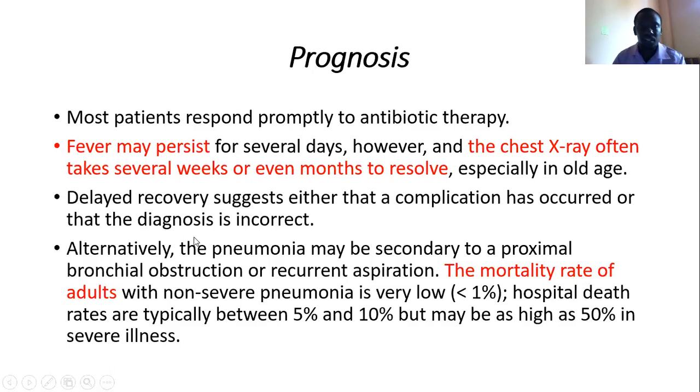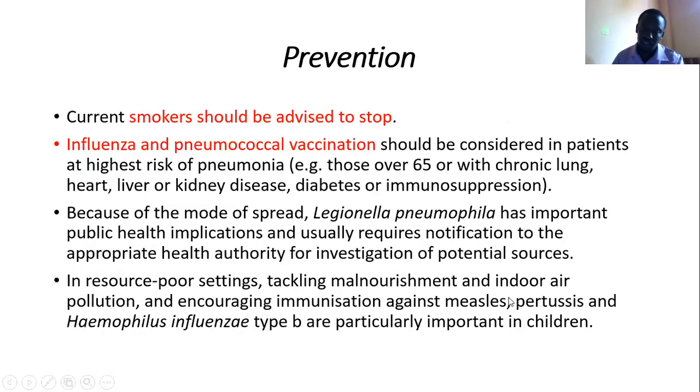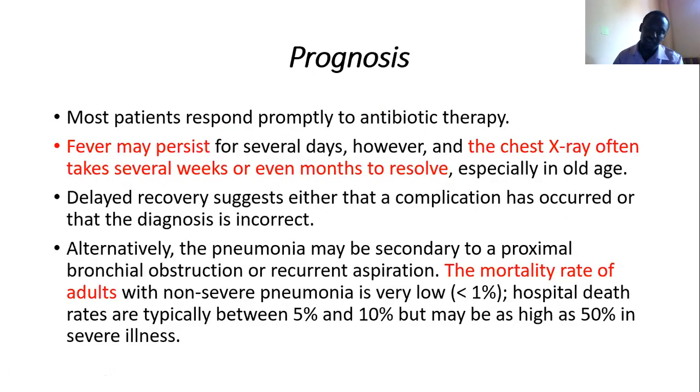The mortality rate in adults with non-severe pneumonia is very low, actually less than 1%. But hospital deaths are typically between 5 to 10%, and may be as high as 50% in severe illness.